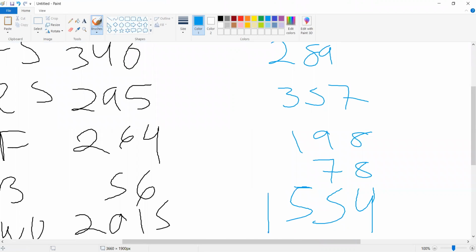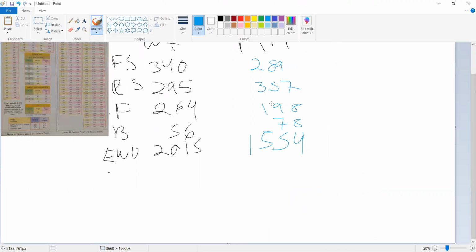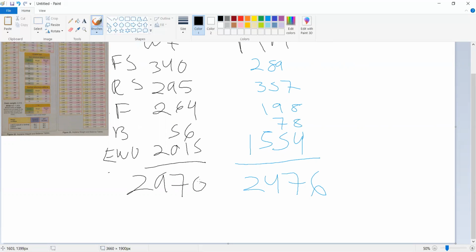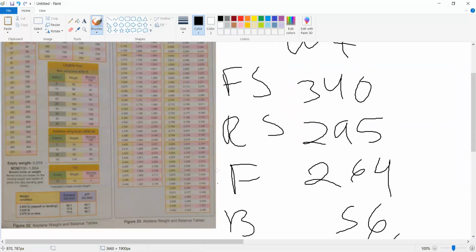All we have to do is tally up. So we tally this up, we get 2,476. Tally this up, we get 2,970. Now let's look to see if we fall within the limit, or if we had to add any weight, or if we're overweight and so forth. What are they asking for?